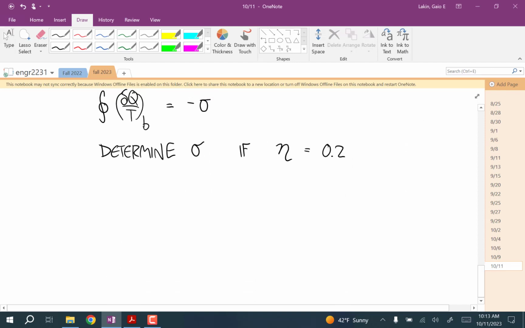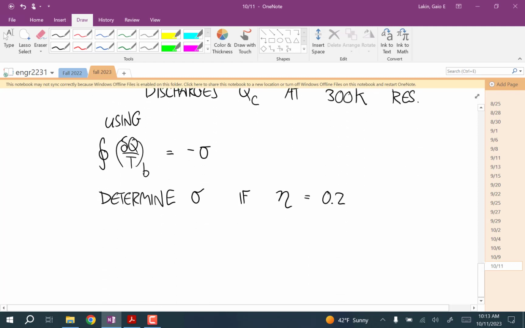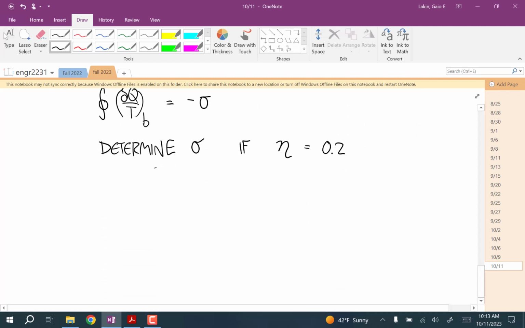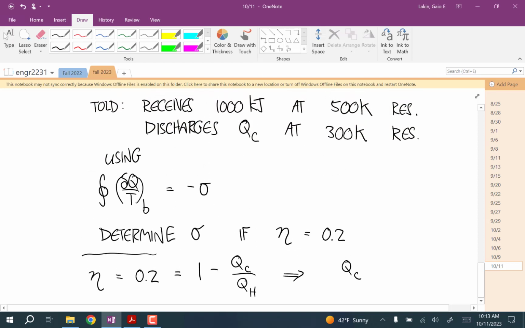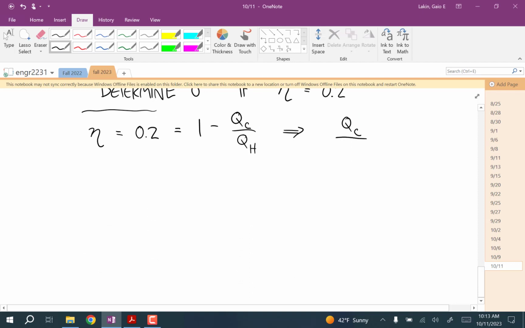Okay, well, we know that the efficiency of 0.2 is equal to 1 minus QC over QH. And so QC over, we're told what the QH is, that's 1,000 kilojoules, is equal to 0.8.